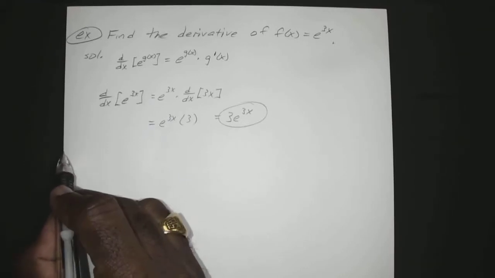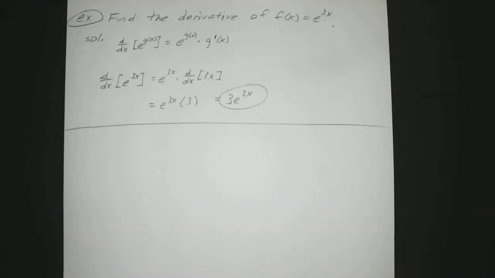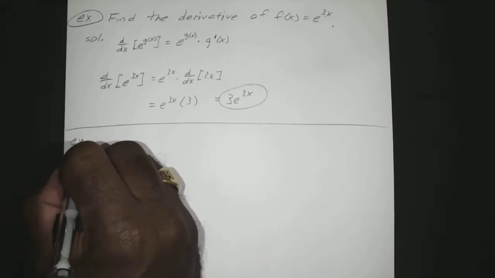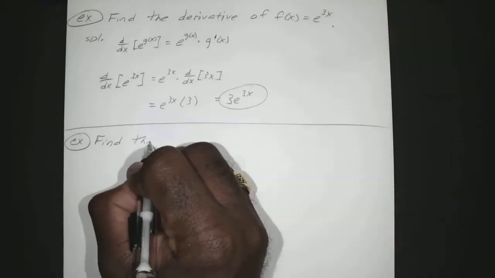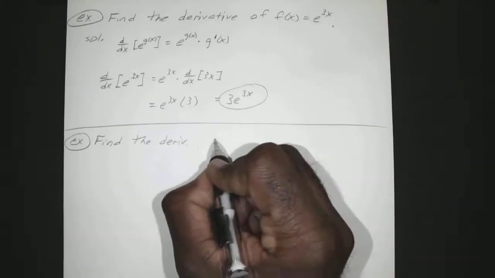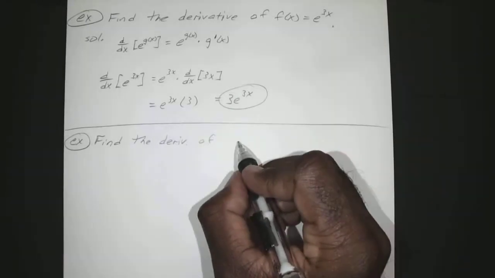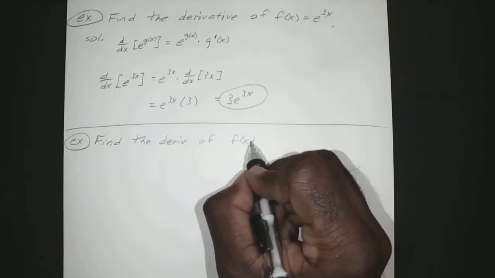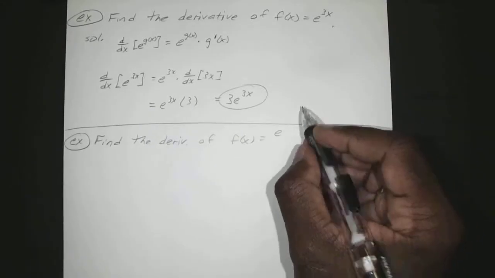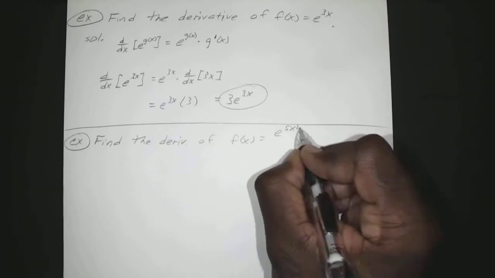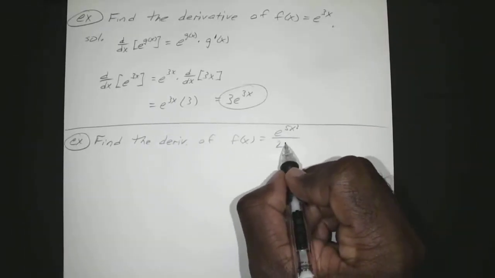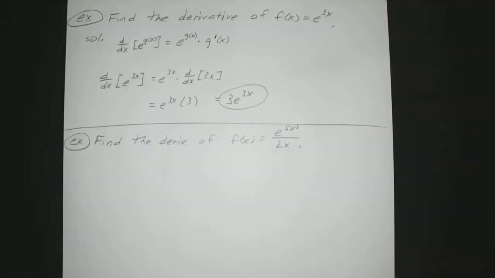All right, so let's do one more example. So if we want to find the derivative of, let's say, f of x equals e to the 5x to the third over 2x. Okay, so here we're just going to have to use the quotient rule.